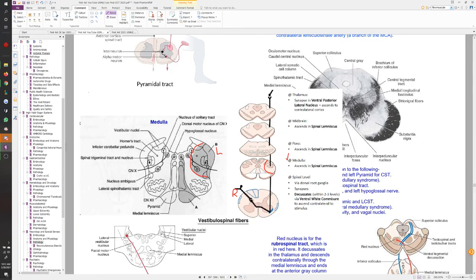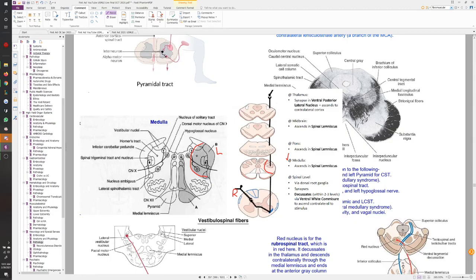To lose pain and temperature in your arms, you would need syringomyelia, where the injury is in the cervical area, which is above your arms. When you have injury in the cervical area that stops your spinothalamic tract from coming up, then you lose pain and temperature in the arms. And that's the key thing to keep in mind.